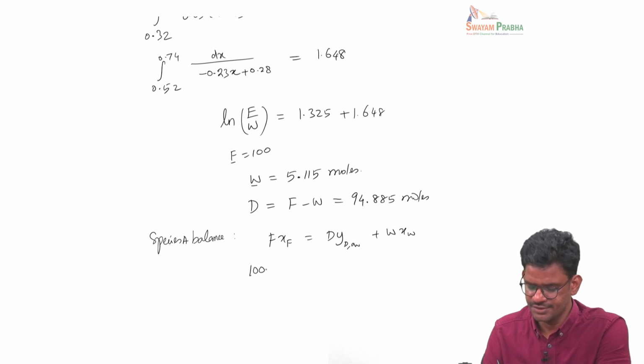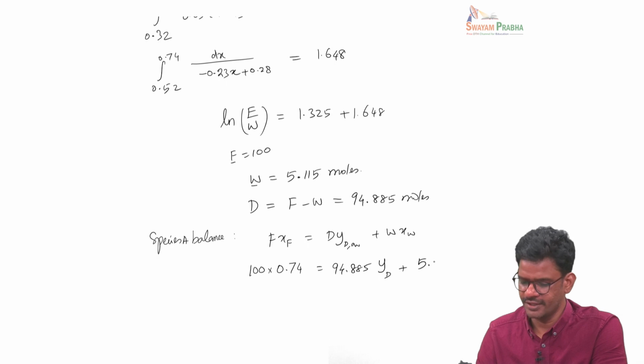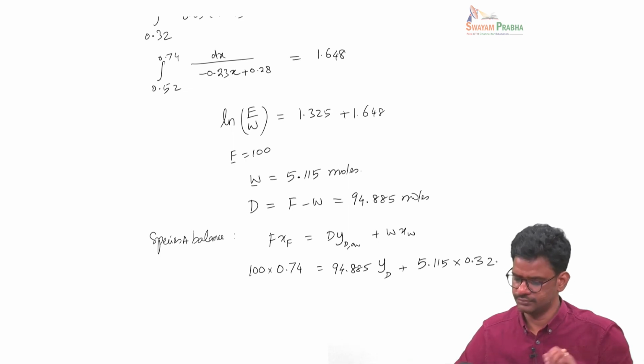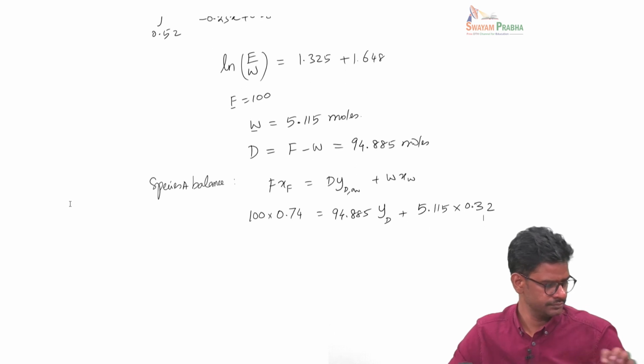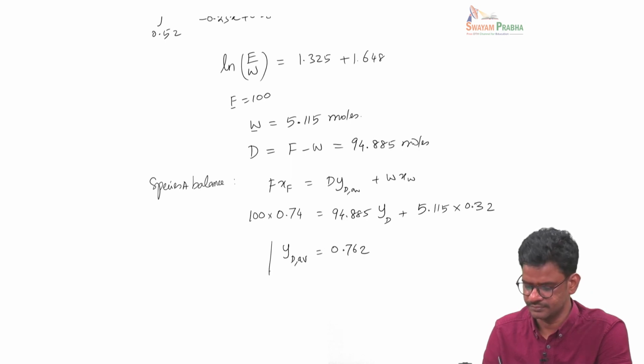So, F is 100 moles, XF is 0.74, and D is 94.885, YD is unknown, W is 5.115 moles and XW is 0.32. And then solving this, you will get YD average as 0.762.